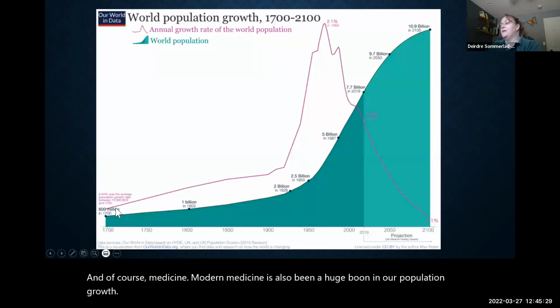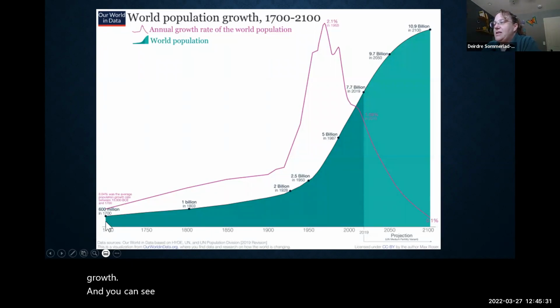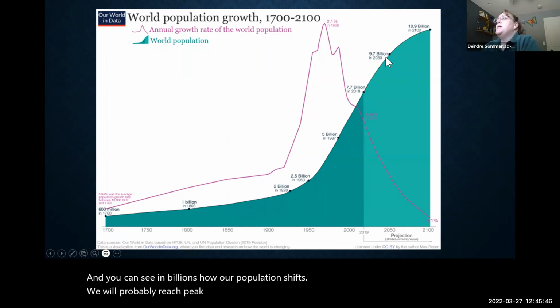And you can see here, this is the 1700s. And you can see in billions how our population shifts. We will probably reach peak humans sometime around here. And that's around 2050 to 2060.